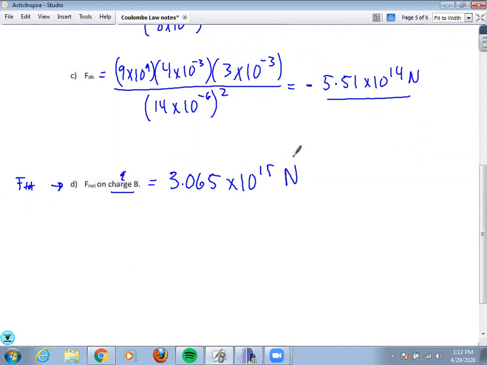Now it's positive, so F net will equal positive.